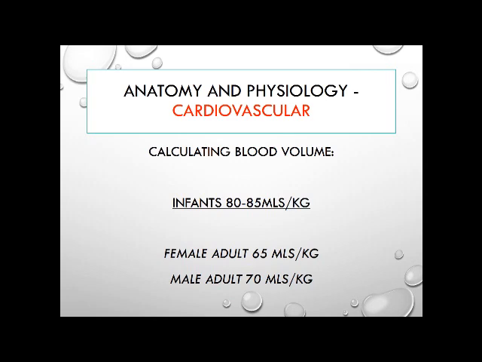And infants, even though the ratio of blood per kilogram is higher in comparison to adults, because their overall weight is lower, the overall circulating blood volume will be very small. Hence any fluctuation in blood or blood loss will have severe cardiovascular consequences.